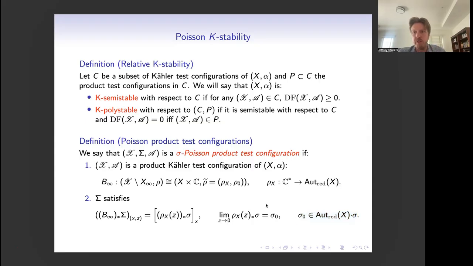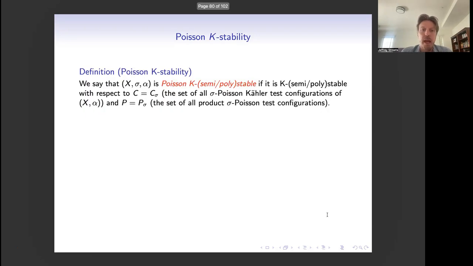So all of this is just following-your-nose definition of what it ought to mean, but then we're forcing that it satisfy this Hilbert-Mumford type stability criterion. And with this notion, we can then define in the usual way what we mean by Poisson K semi-stability and polystability.